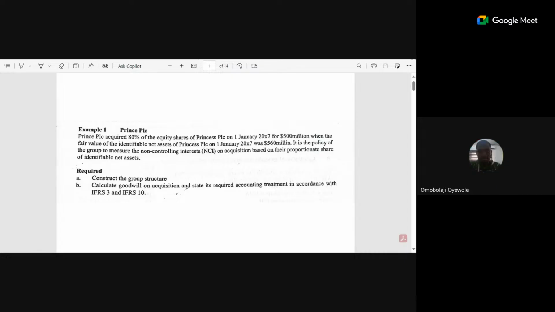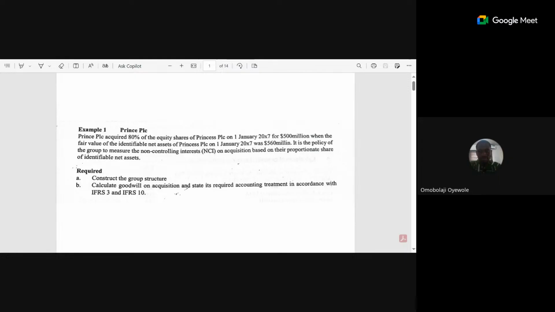The parent company. Exactly. Now, Prince PLC acquires 80% of the equity shares of Princess PLC. So who is Prince PLC? Who is Princess PLC? Prince PLC is the parent. Princess PLC is the subsidiary. So Prince PLC is the acquirer. Princess PLC is the acquiree.